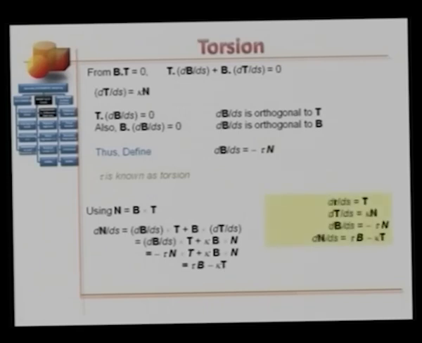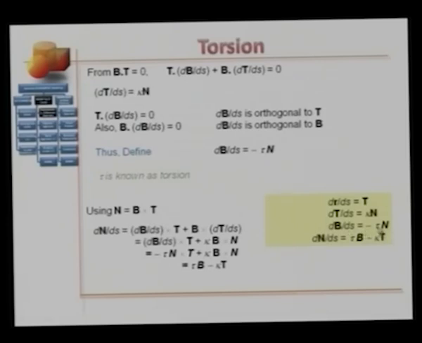In summary, we get four relations. Number one, dr over ds is defined as the unit tangent t. dt over ds is defined as scalar kappa, which we have seen to be the inverse of radius of curvature, times the unit normal n. dB by ds is defined as minus of tau times n.